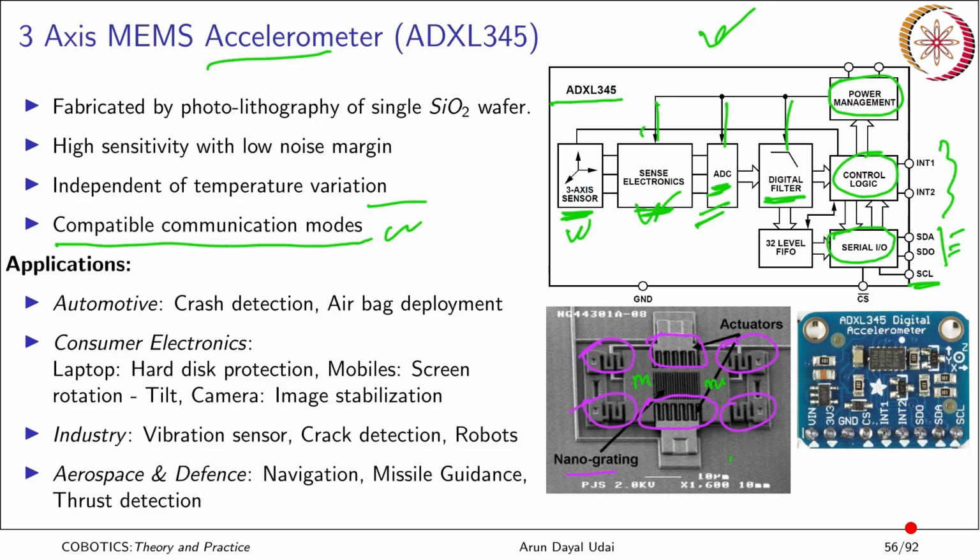It is used for automobile crash detection. 2G, 3G, 6G sensors are there, for airbag deployment. In consumer electronics, it is used for hard disk protection: if the hard disk falls, it automatically parks, so that is used in laptops also. Mobile screen rotation is a tilt sensor. 3-axis accelerometers are also there.